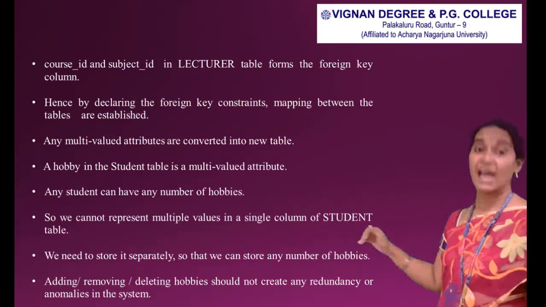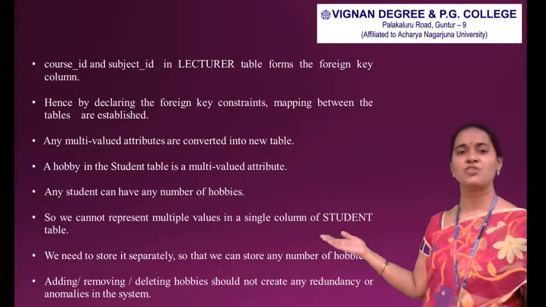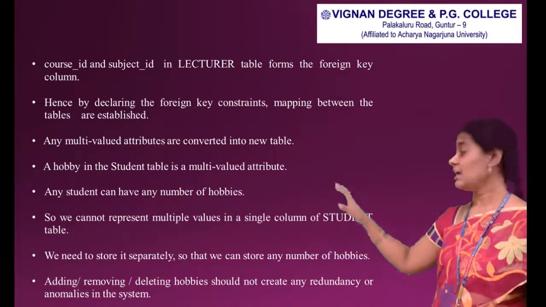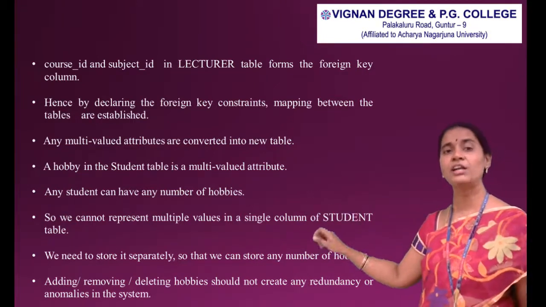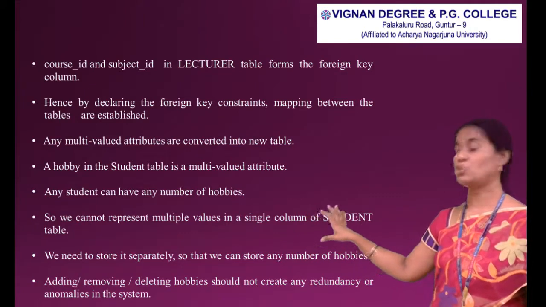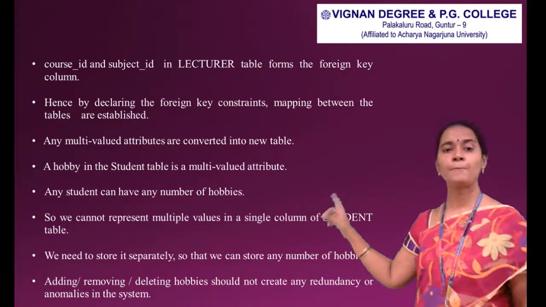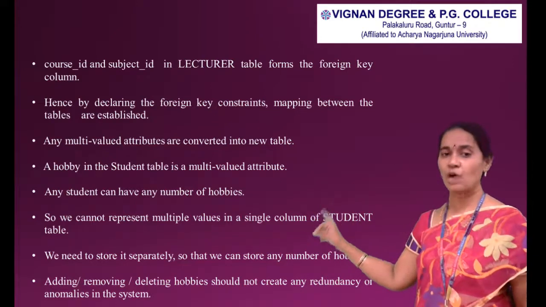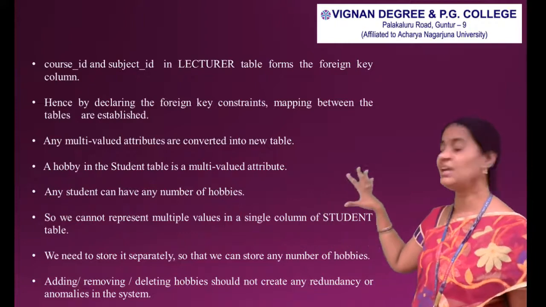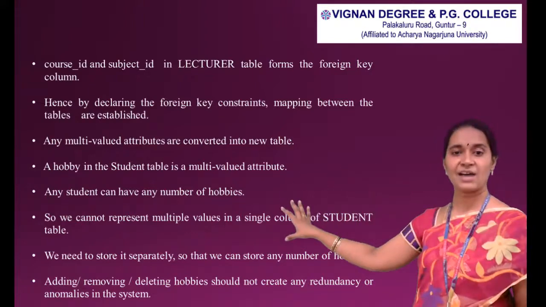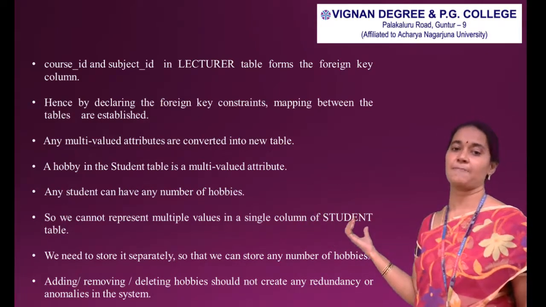After the key attribute, let us now discuss the other attributes, the various types of attributes. Let us consider a multi-valued attribute. What is a multi-valued attribute? As I have already told, a multi-valued attribute is represented with a double oval. That is a hobby. How can we represent these hobbies? As we cannot represent these multi-valued attributes directly in the table, they must be represented in a separate table.